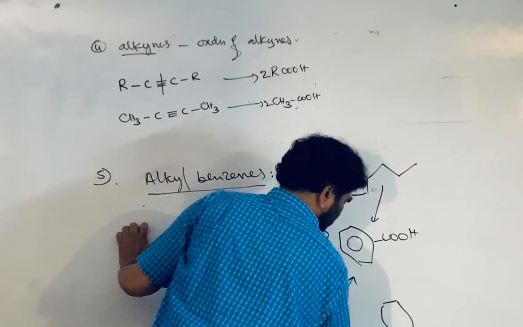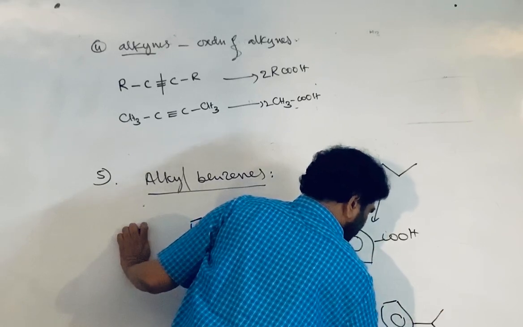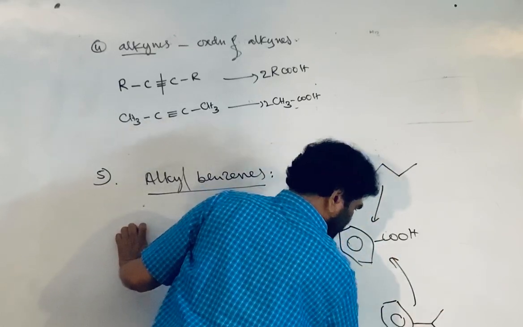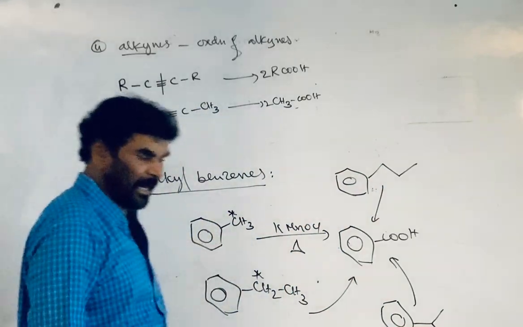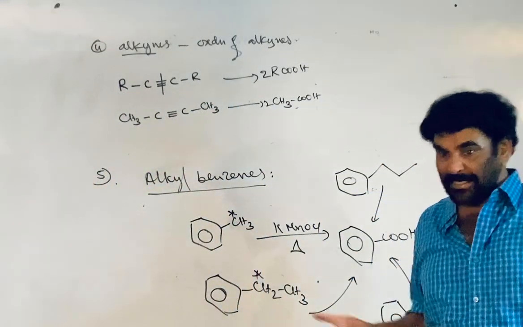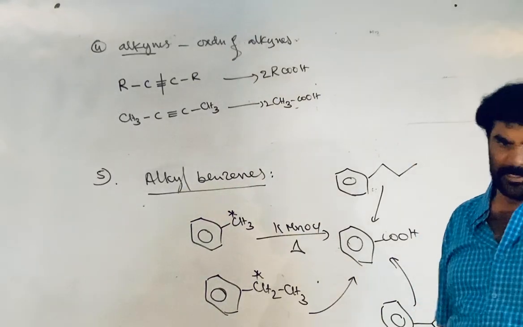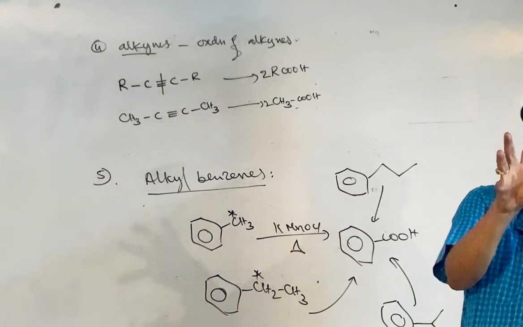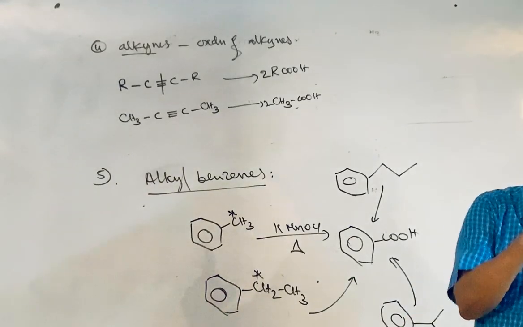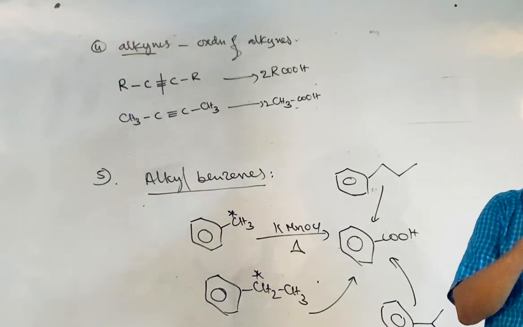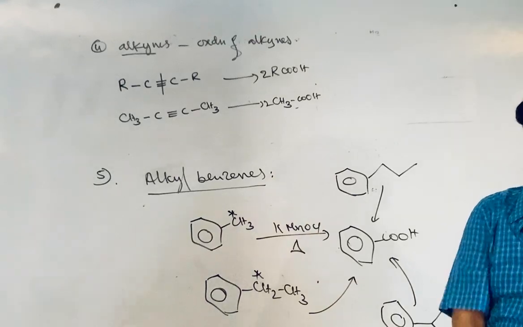If you take isopropyl benzene, this also gives this. So the benzylic carbon is converted to COOH. In place of the alkyl group, a COOH group is introduced. But the condition is that the benzylic carbon should contain at least one hydrogen.